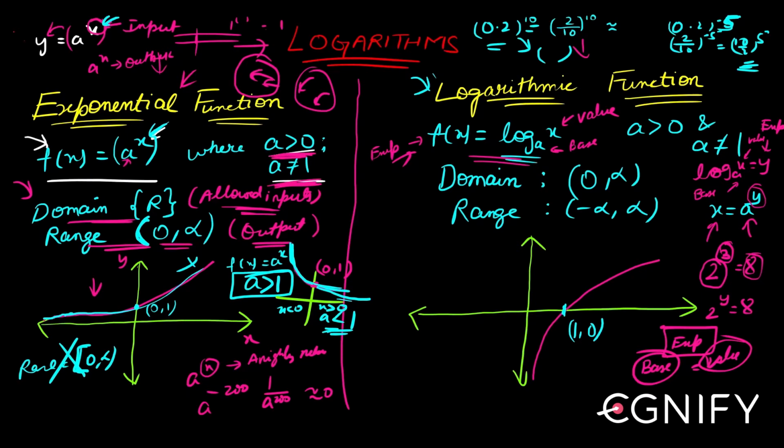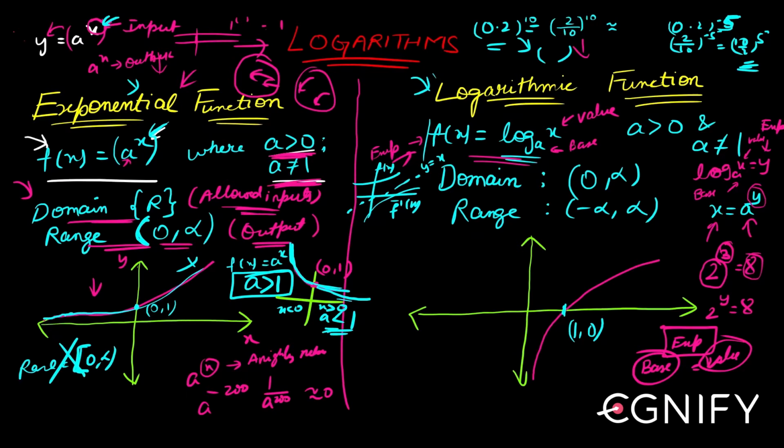In fact, this function is the inverse of the exponential function, right? So you learn about inverse functions in detail when you study the chapter functions. But as of now, I would like to tell you that if a function's graph is like this, f of x, then its inverse will look something like this, f inverse x, right? Because the graph for inverse is just a mirror image about the line y equal to x.